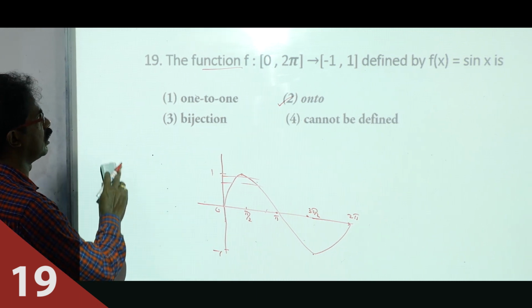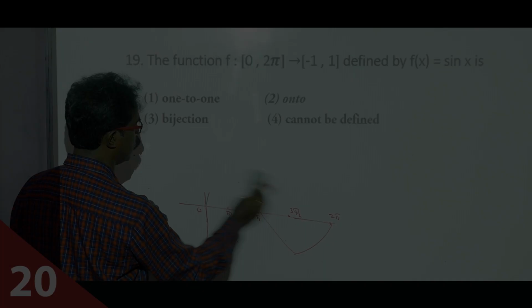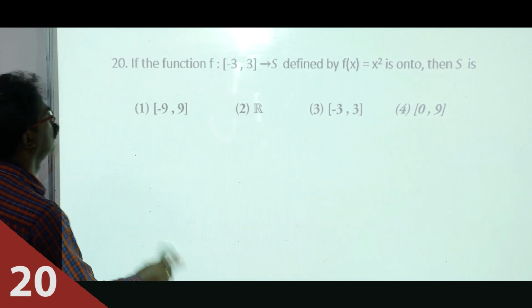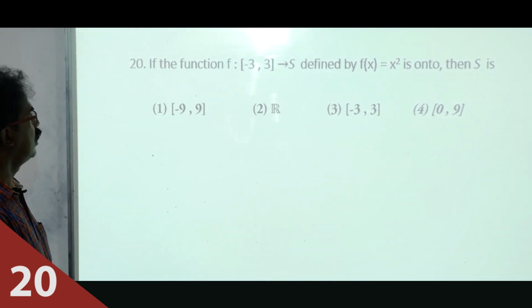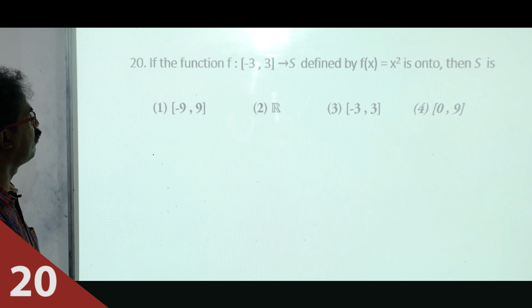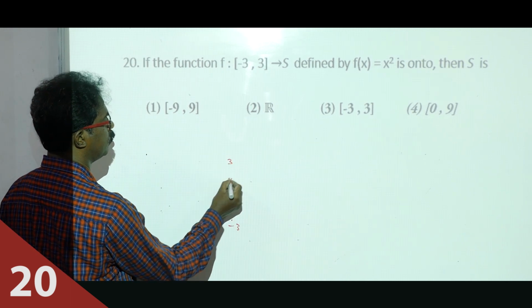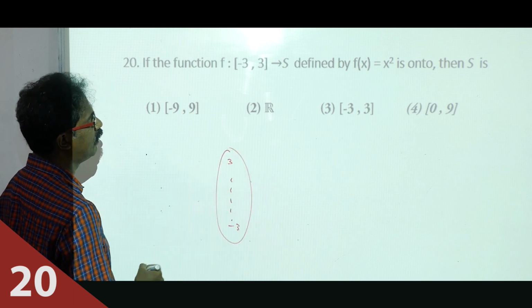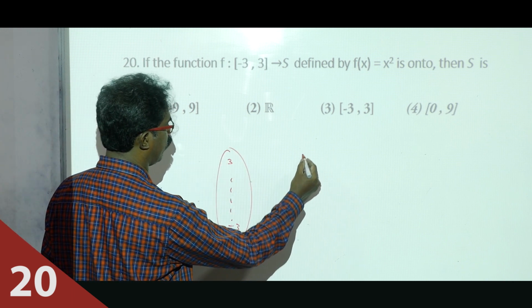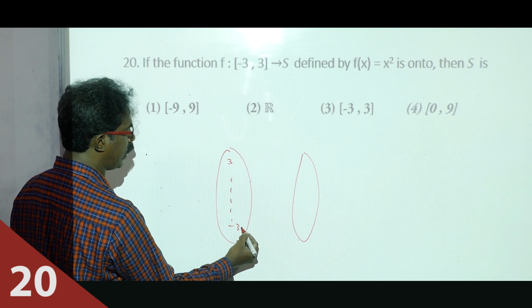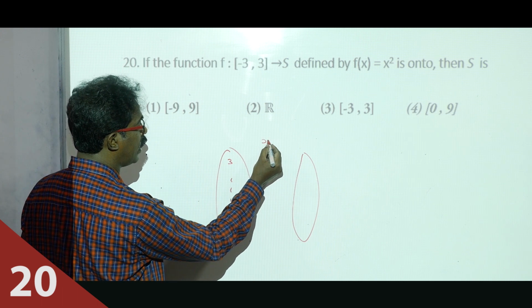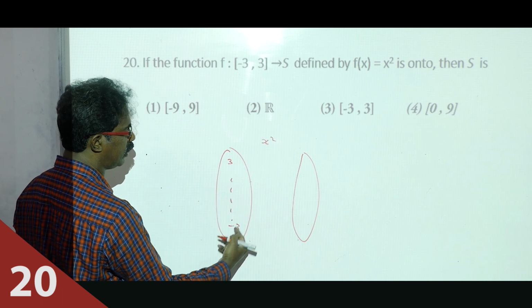Now let us go for the next one, question number 20. The function f from minus 3 to 3 defined by f of x equal to x square. When x square is given and you find the image, everything will be positive.